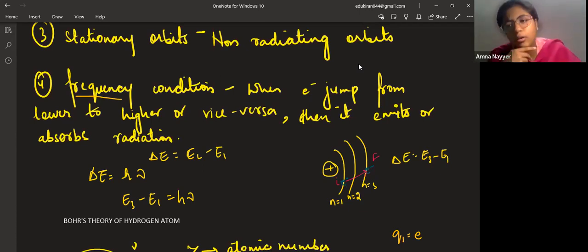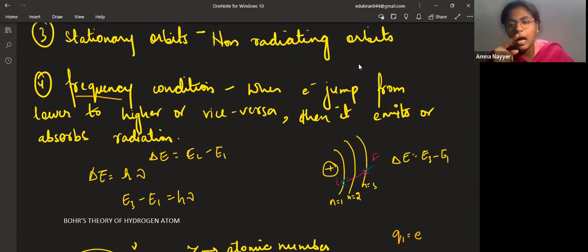What is exactly meant by this? There are different layers of orbits. If an electron jumps from lower to higher level or higher to lower level, energy is emitted. Associated with the energy, you'll have the wavelength and the frequency. The associated energy's formula is h nu.